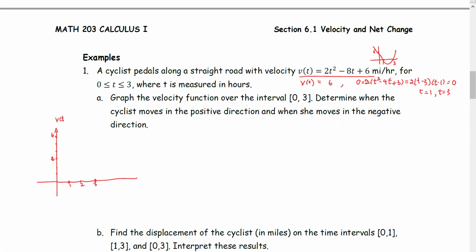The vertical intercept, or the v-intercept, is at 0, 6, and the horizontal intercepts are at 1 and 3. For the interval from 0 to 3, we have positive area between 0 and 1, and negative area from 1 to 3.